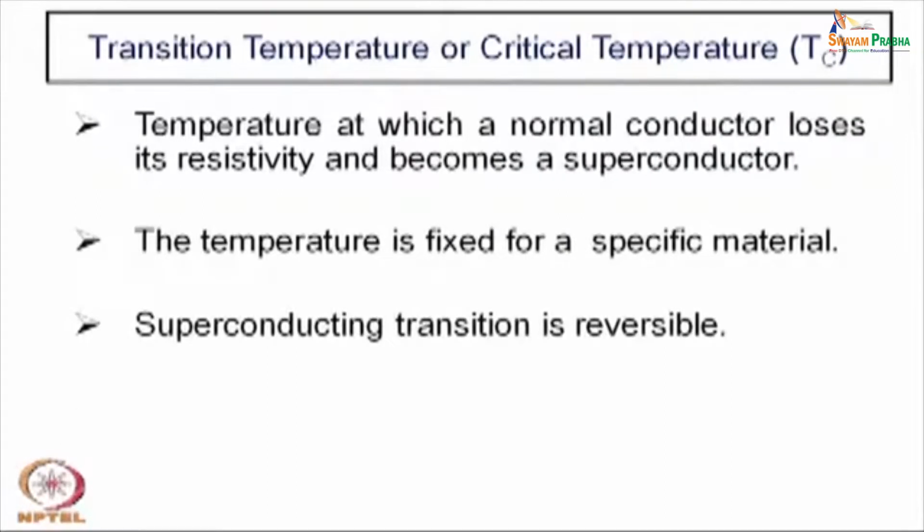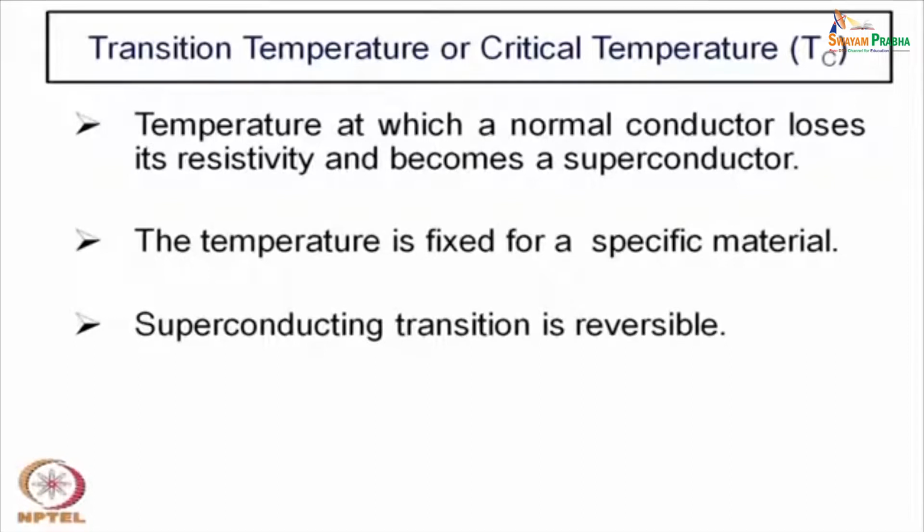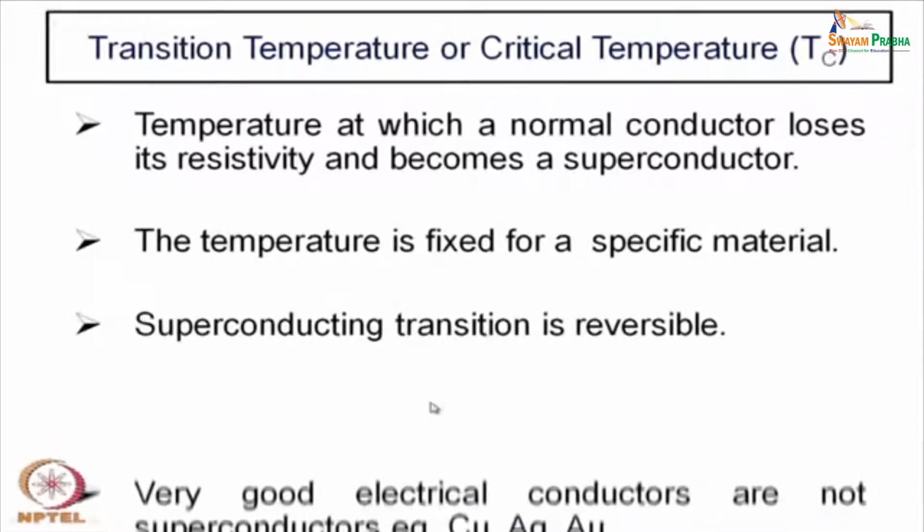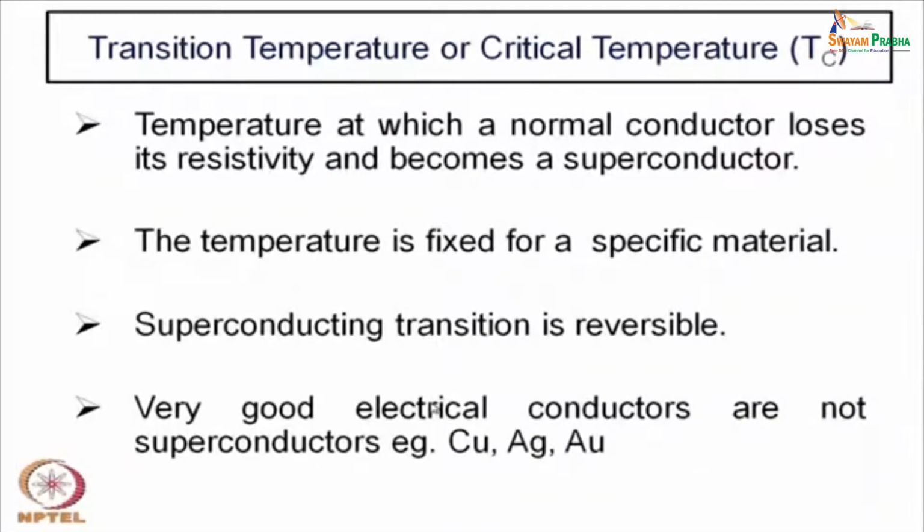It is reversible, that means once you cool you have a 0 resistance state, but if you heat it up and cross the transition temperature, once again it becomes a normal conductor. So, it is basically a reversible transition which takes place at a specific temperature.